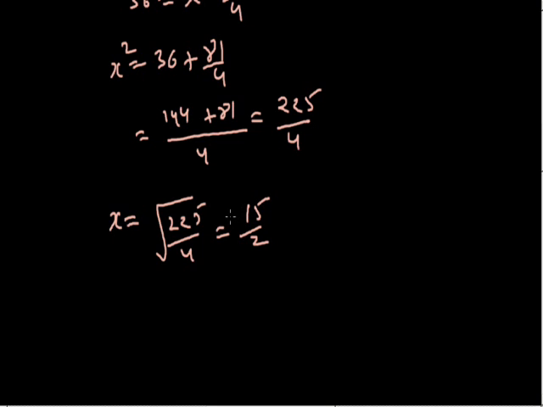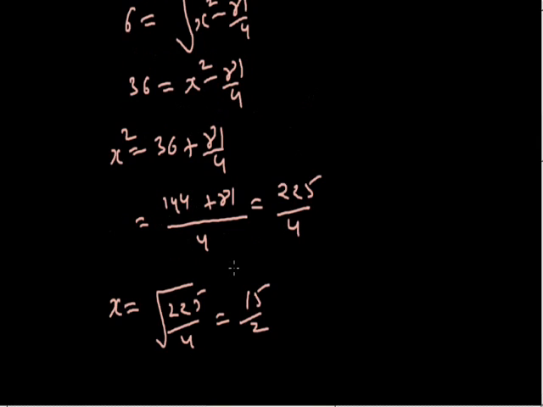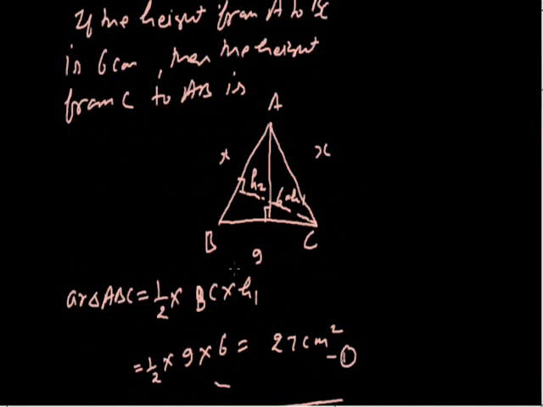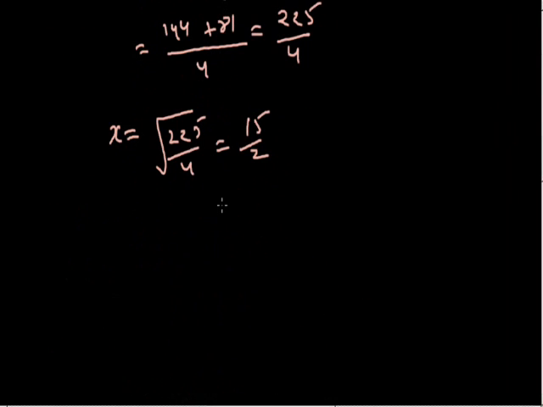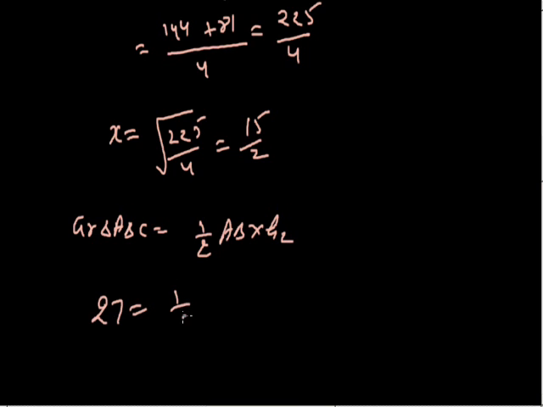Now we have to find the height h2, that is from C to AB. Again, we define the area of triangle ABC. Area of triangle ABC is equal to half AB into h2. As the area of triangle ABC is 27, we get 27 equals half the length of AB, that is x, which is 15 by 2, into h2.